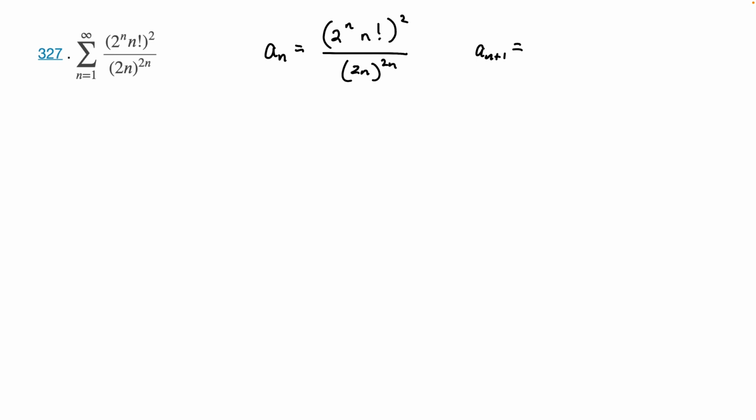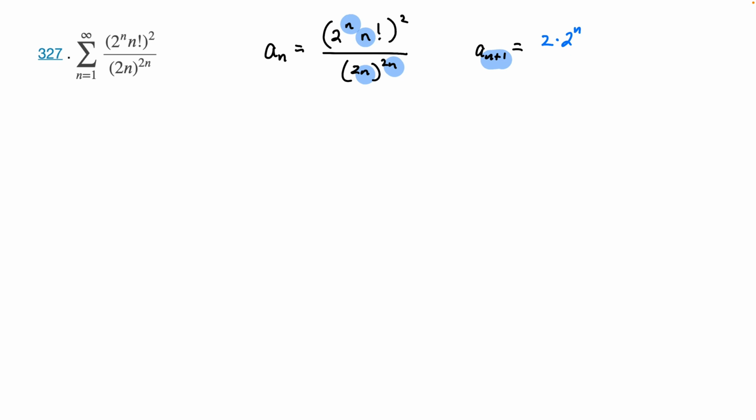The next term is found by replacing our n with n plus 1. 2 raised to the n plus 1 is 2 to the n, and then one more copy of 2.